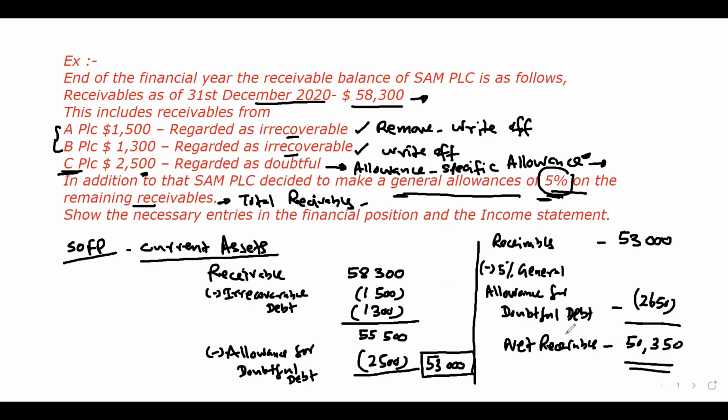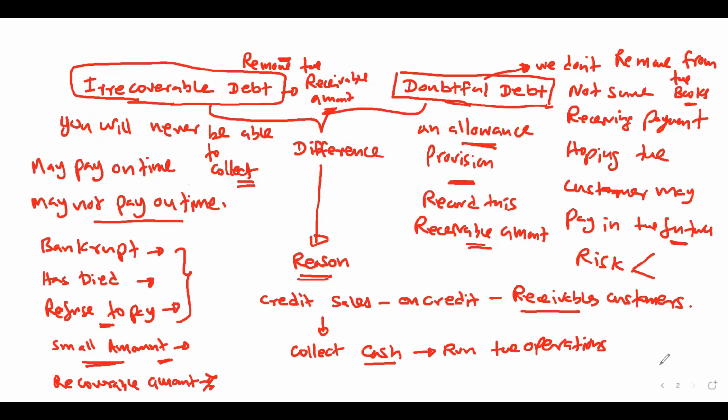But for presentation purposes, in the financial position, what you need to show is the receivables net of irrecoverable debt, which is 55,500, and then the allowances for doubtful debts. I will show you how to present this.